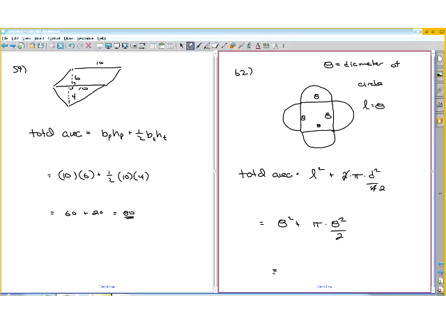So we have 8 squared plus pi times 8 squared divided by 2. And we get 164.53. Okay. The book says 164.48, but I'll just say 164.5. And there are no units, so that's going to be the total area.